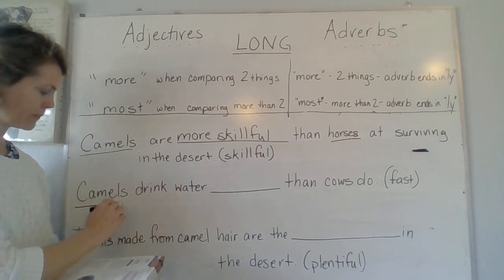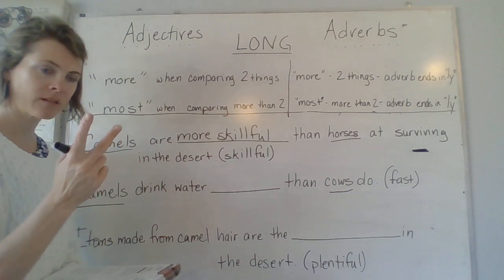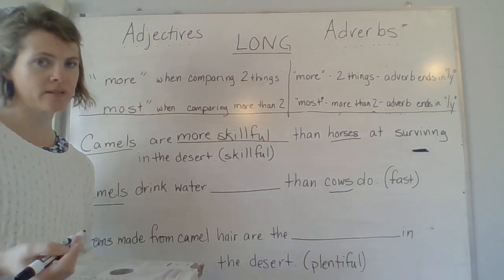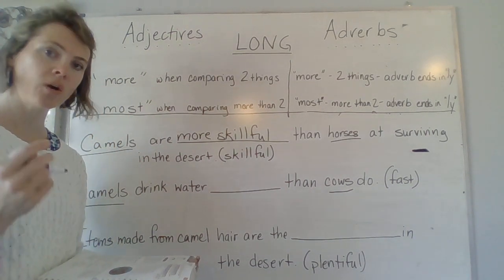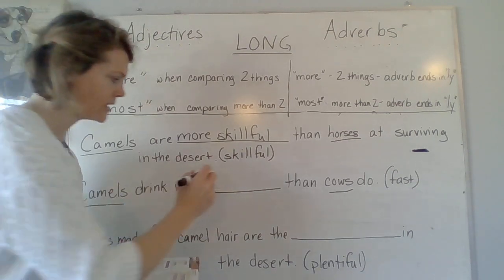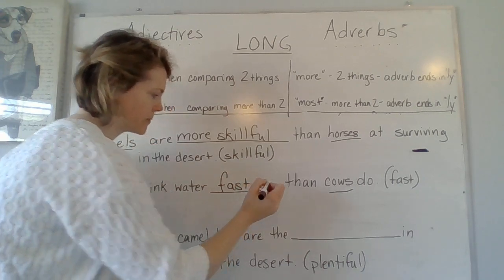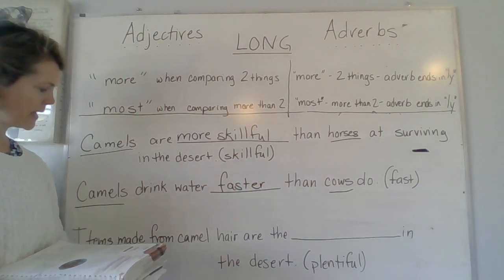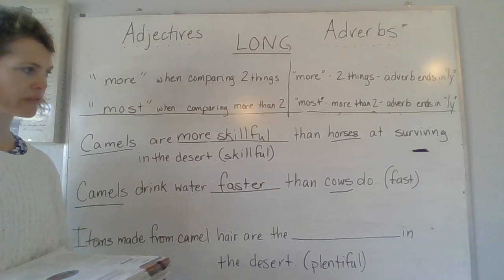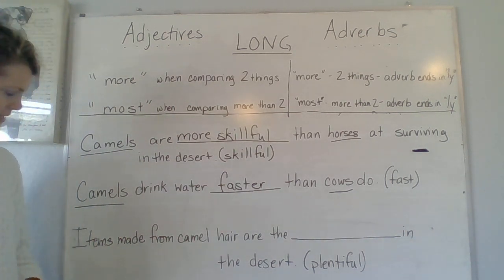We're comparing camels with cows. That's only 2 things. So yesterday's rule taught us that if we're comparing 2 things, what's the suffix we put on the end of fast? ER. Fast-er. Let's see how that reads. Camels drink water faster than cows do. Sounds right.